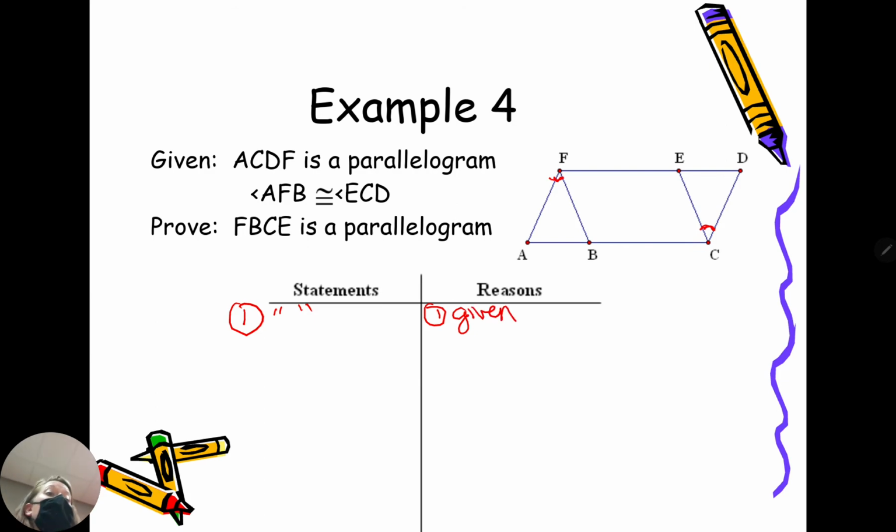It appears that we're probably going to use some angle relationships here, right? If I'm trying to get this to be a parallelogram, and I have some congruent angles already, I'm going to think, all right, I need either parallel lines or congruent angles, yeah?